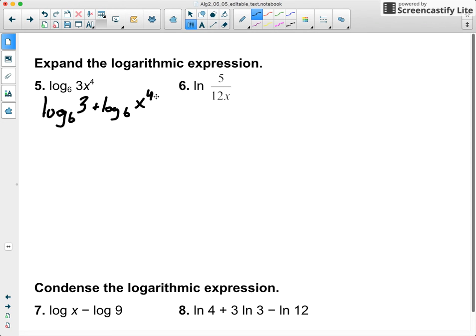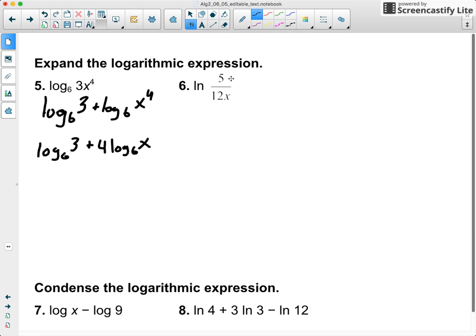And because of that power property, we can actually move the 4 to the front of the log. So we can really write this as log base 6 of 3 plus 4 times log base 6 of x. And we're done.